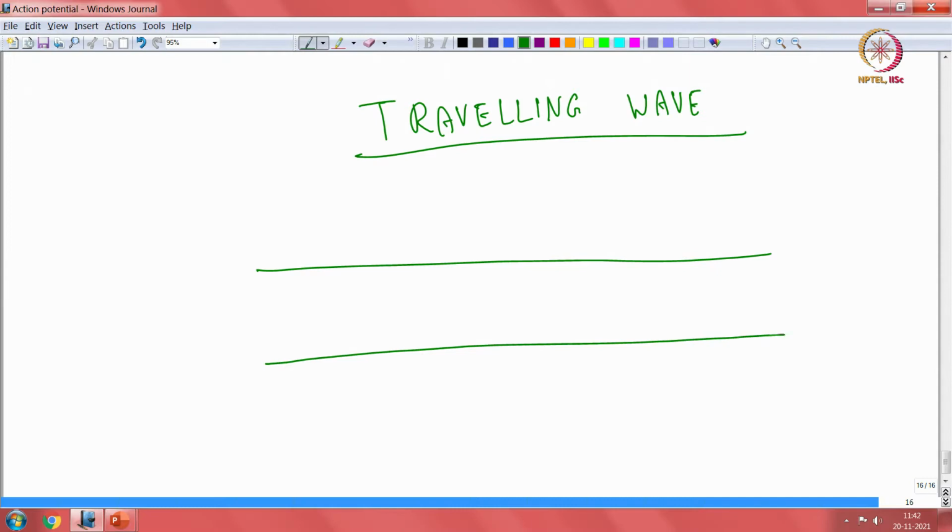Now, this is the basis of most biomedical applications and things like that. You have traveling waves which are traveling across a membrane, and it is directional. So, you have a direction, you have changes in the membrane.